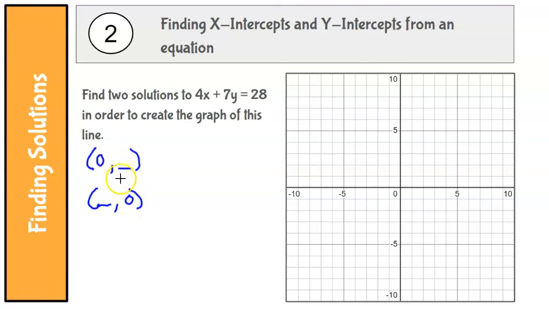So if you're trying to graph 4x plus 7y equals 28, you can find these two solutions, the one where x is 0 and the one where y is 0, and those are pretty easy to find. So let's do that. So 4 times 0, this is for the first one, 7y equals 28.